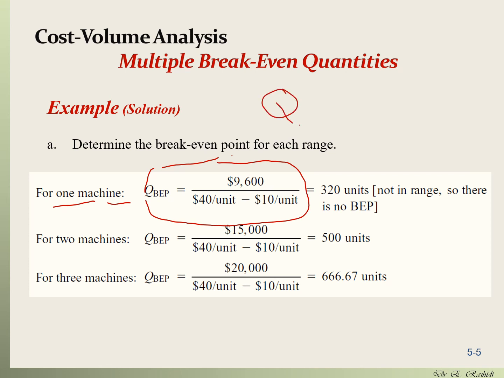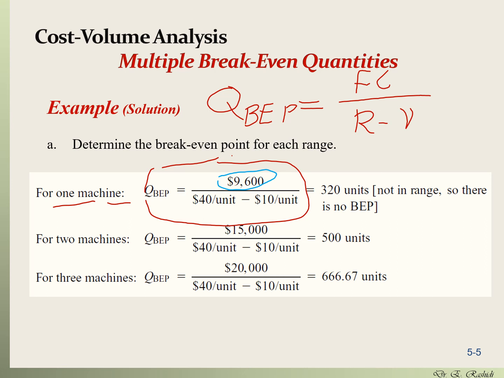The break-even point is equal to fixed cost FC divided by R minus V. R is the revenue or the price per unit of sale, and V is the variable cost. For one machine, the fixed cost is 9,600. The revenue is $40 and the variable cost is $10 per unit. So that's 9,600 divided by 40 minus 10, which is 9,600 divided by 30, which is 320 units.